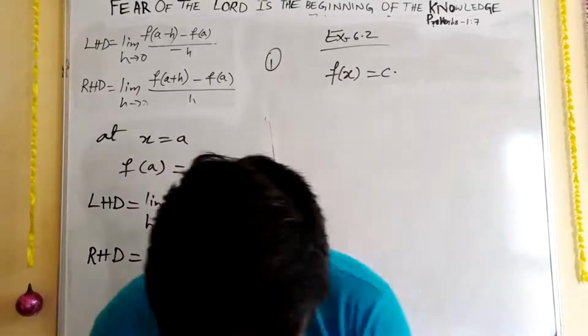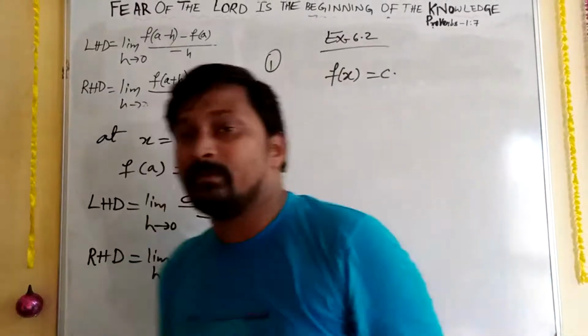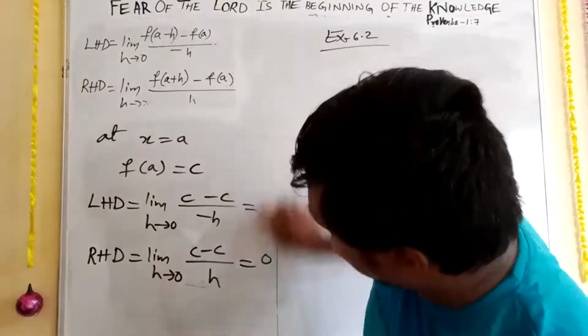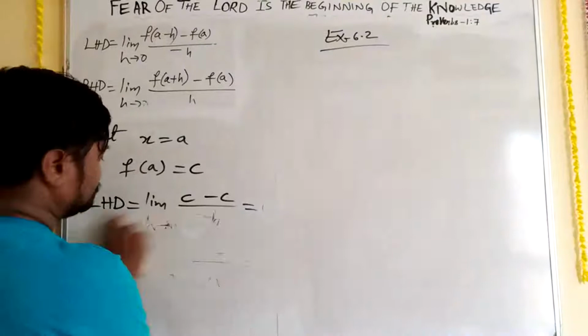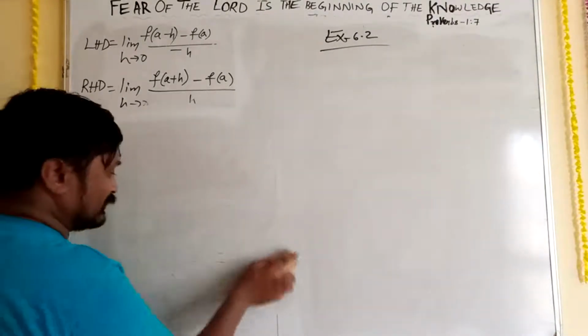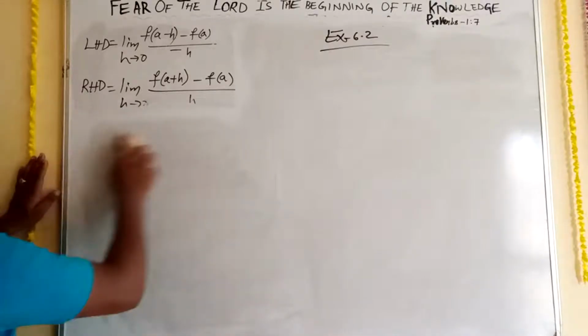Now third and fourth, do as homework. If you are having any doubt, you can ask me that time. So now we are going to the second question. We have to go a little faster, then only we'll complete this today itself.